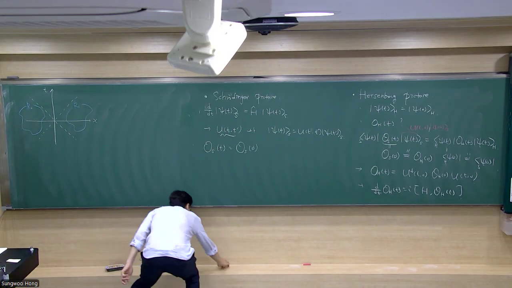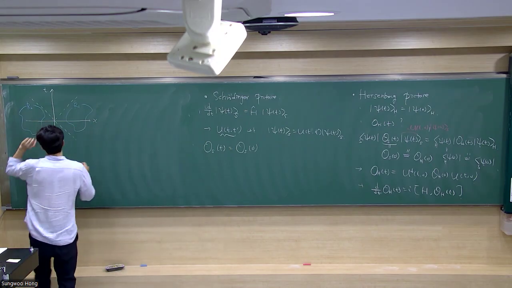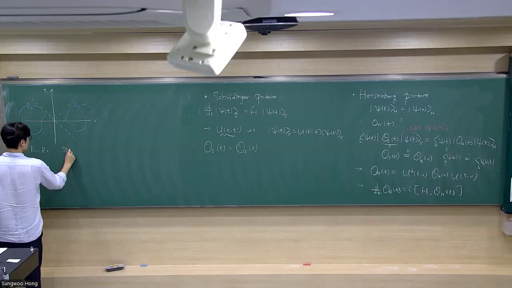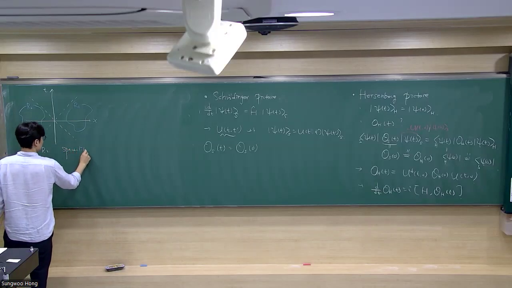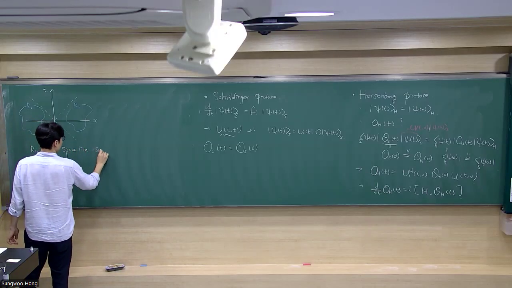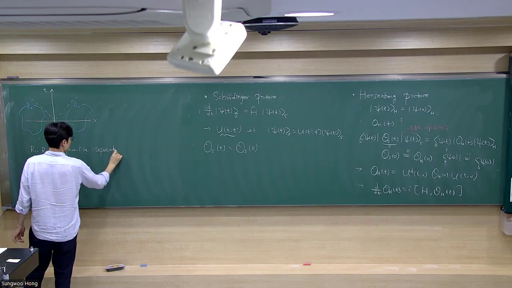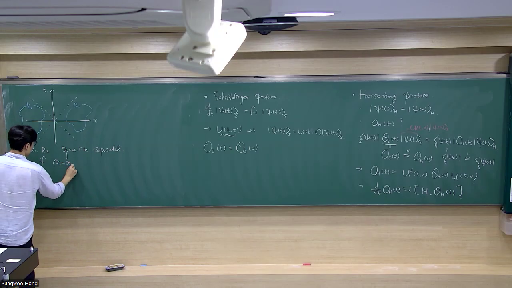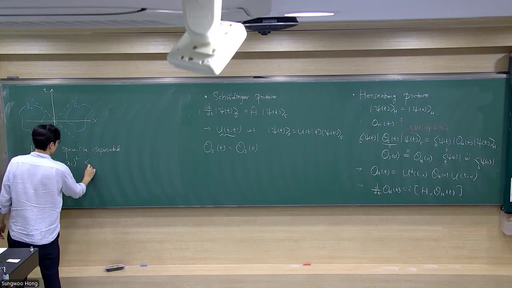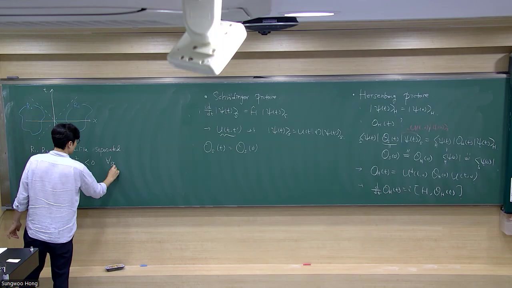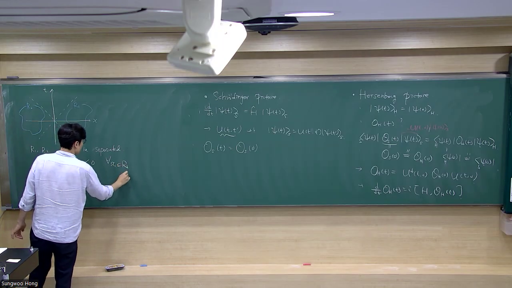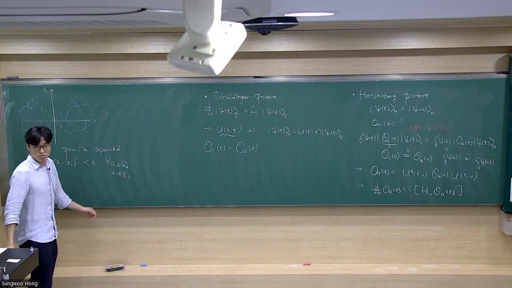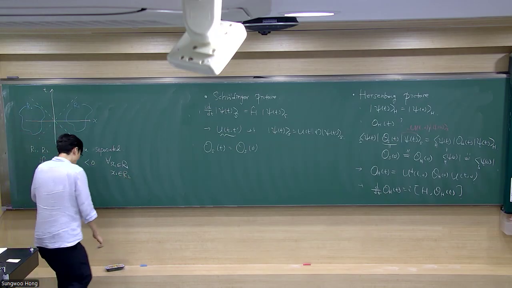So first of all, just the language: the regions R1, R2 are space-like separated if (x1 minus x2) squared is less than 0 for every x1 that belongs to R1 and x2 that belongs to R2, right? So that's a reasonable definition.